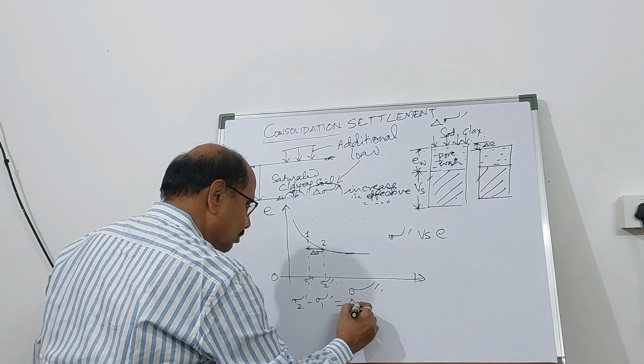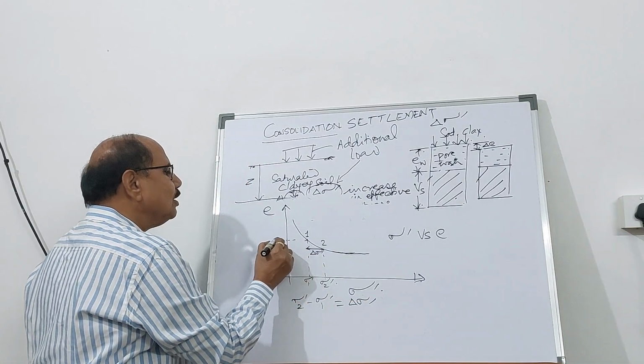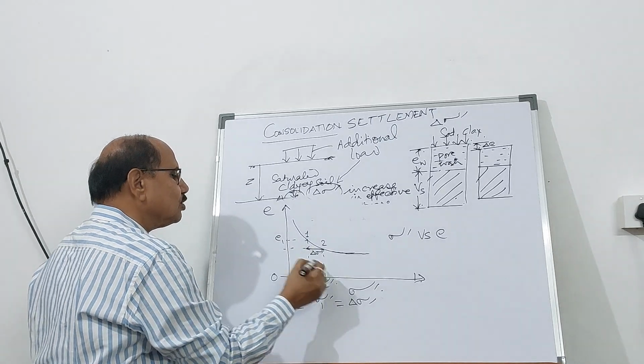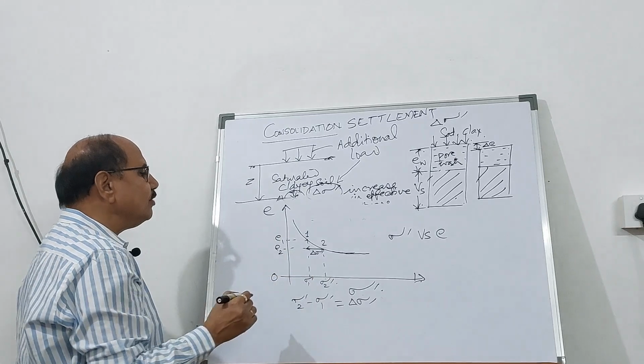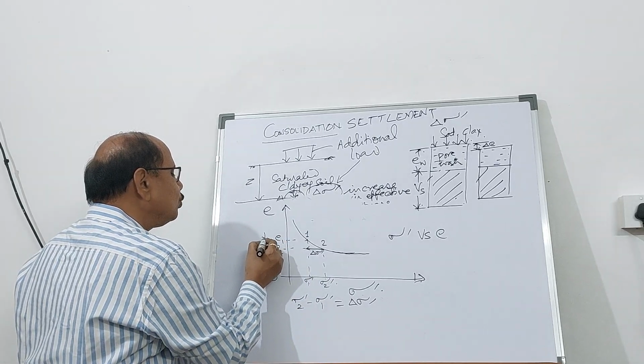The corresponding void ratio, let's say, is E1, and corresponding to sigma 2 prime it is E2, where E2 is less than E1.